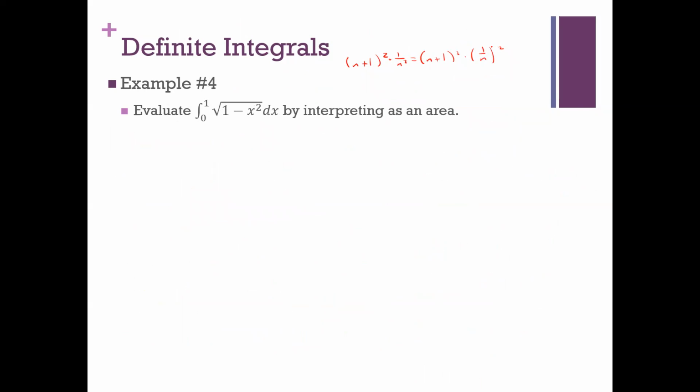Since they're both squared, I can pull them together, multiply them together and then square them. And then that becomes 1 plus 1 over n all squared. Good question.